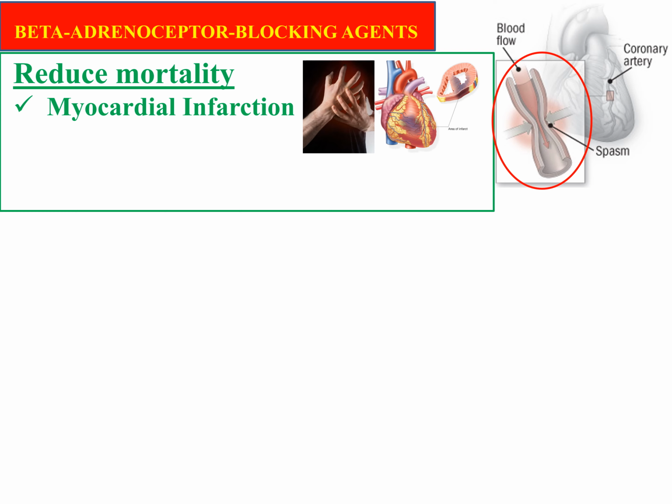Here, by blocking the beta-1 receptors, you are decreasing the stimulatory effect of the sympathetic nervous system upon the heart.